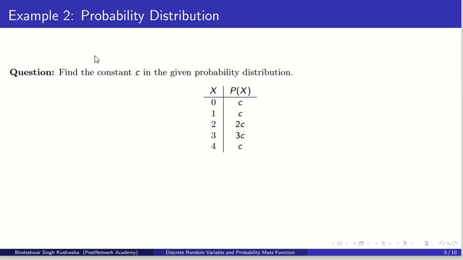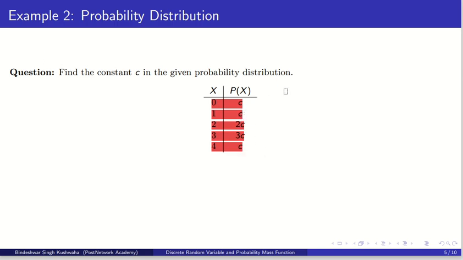Now find the constant c in the given probability distribution. Here x assumes values from 0 to 4, and the probabilities are c, c, 2c, 3c and c.